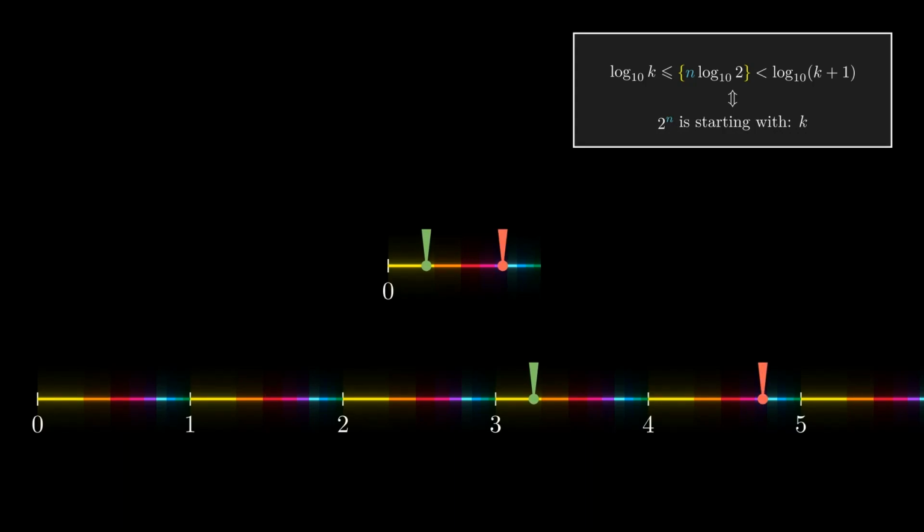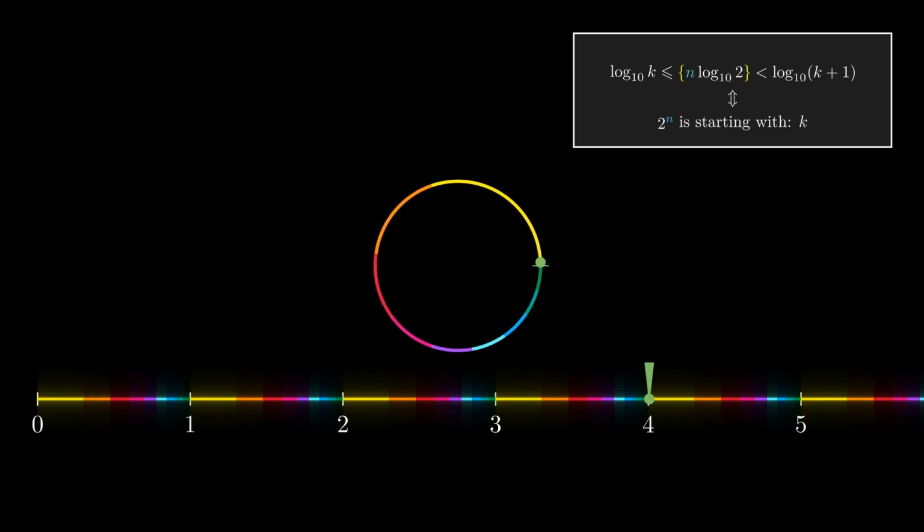Since slightly different numbers can have strongly different fractional parts, it is convenient to glue the ends together and get something like a circle with a length of 1. And now the mapping is continuous.